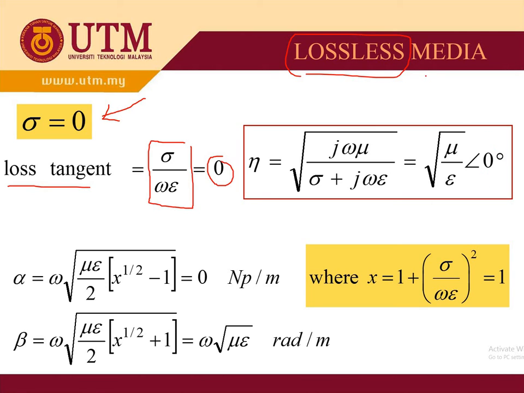For this lossless media, the square root is further simplified, equals the square root of mu over epsilon.